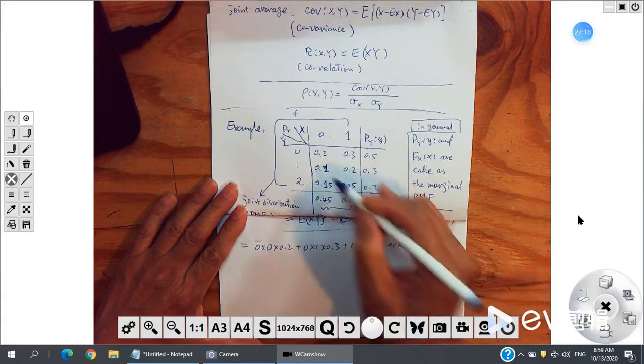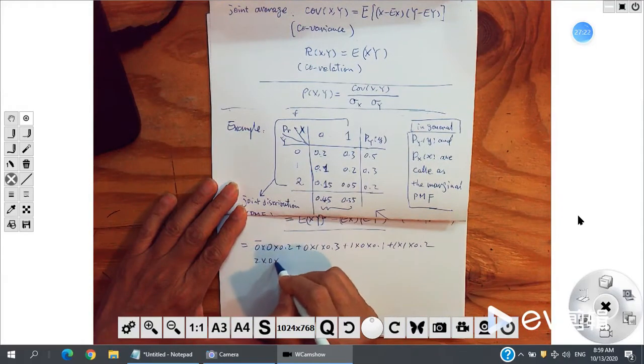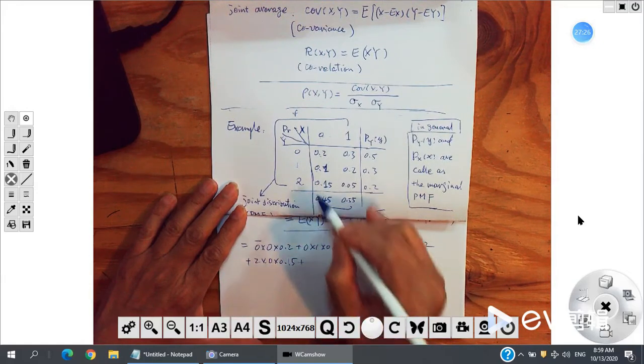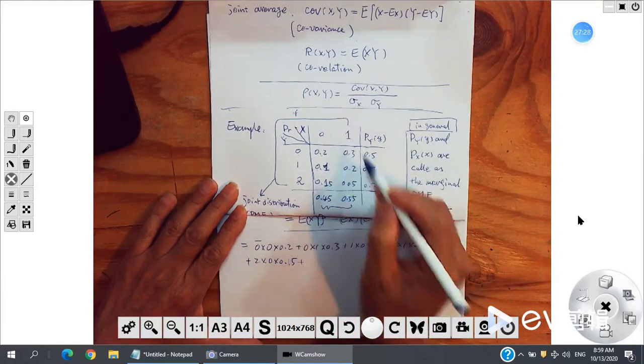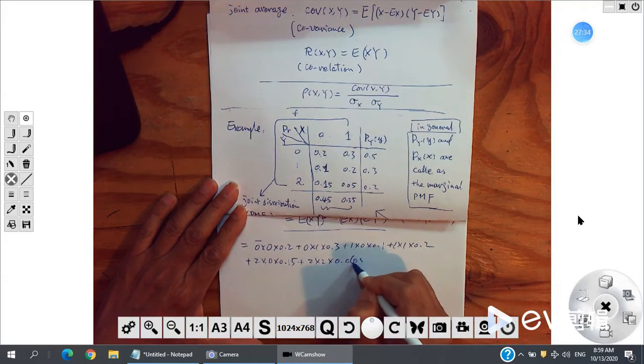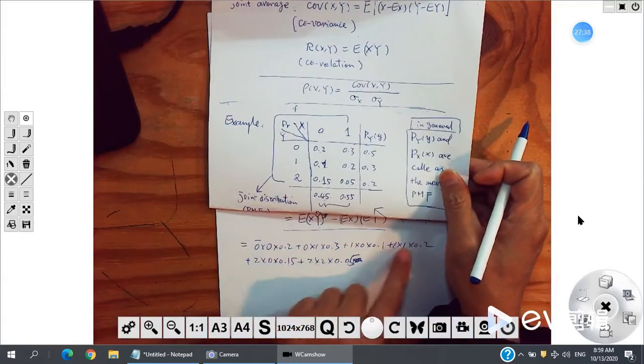You just follow it. 2 and 0 and probability 0.15. And 2 and 2 and the probability is 0.05. Alright, 1, 2, 3, 4, 5, 6.